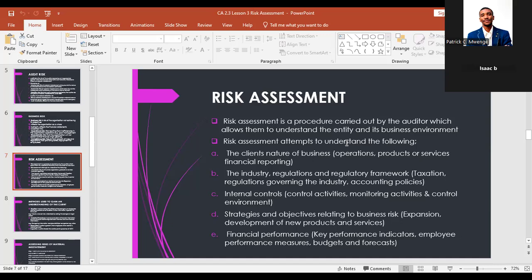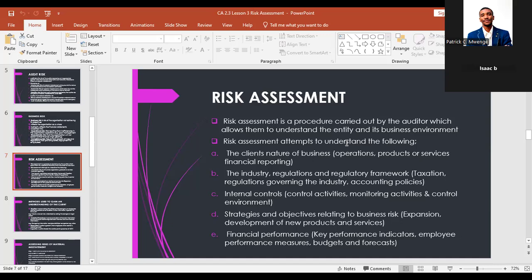Then also get an understanding of the strategies and objectives relating to business risks. So what are the objectives and the strategies of the particular company? While auditing Young Fuels, what are the strategies and objectives of Young Fuels? So if Young Fuels' objective is to maybe provide goods and services at a low price, right?